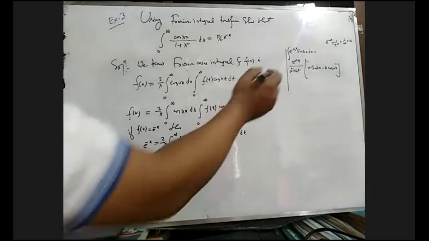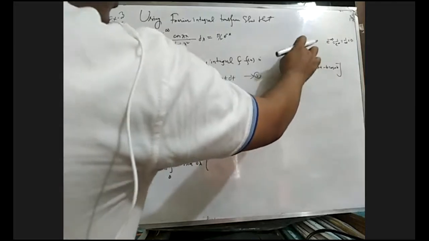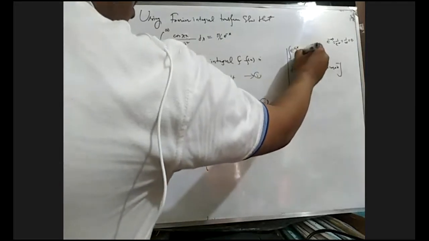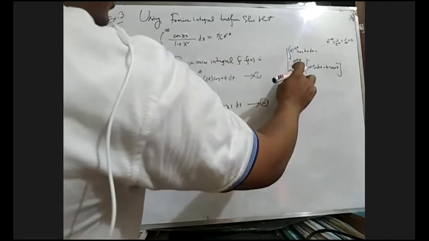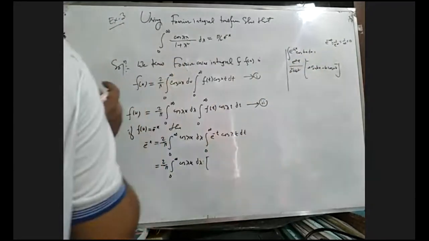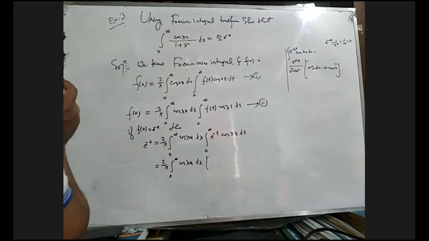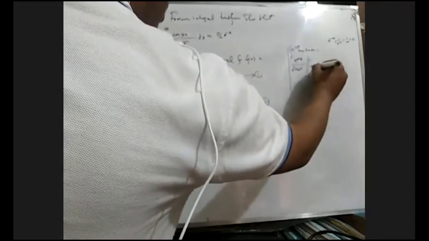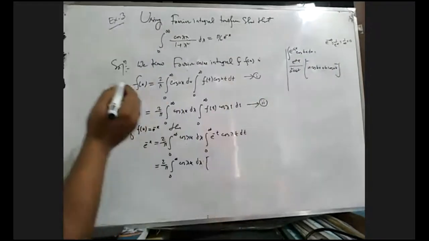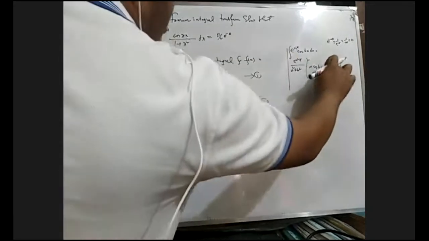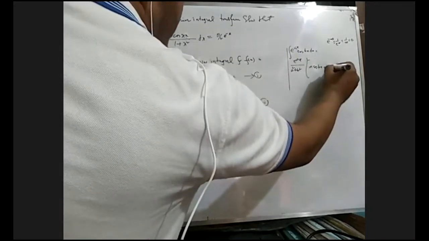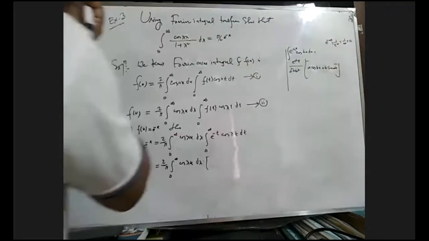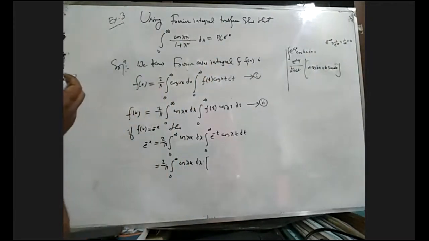Now just using this formula for e to the power ax cos bx: the integral will be e to the power ax divided by a square plus b square, times (a cos bx plus b sin bx).